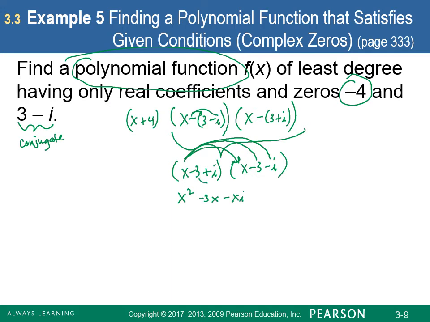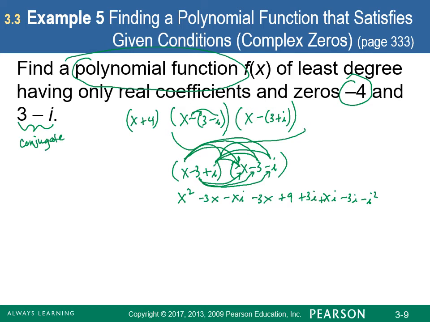We would multiply the negative 3 and the x, the negative 3 and the negative 3, and the negative 3 and the negative i. And we would multiply this i times the x, this i times the negative 3, and the i times the negative i.